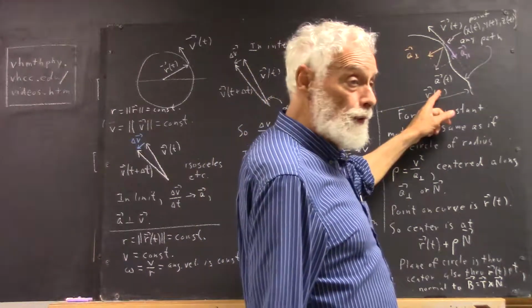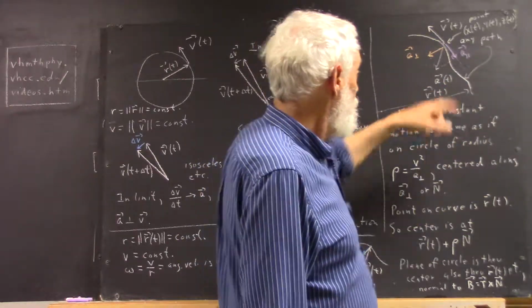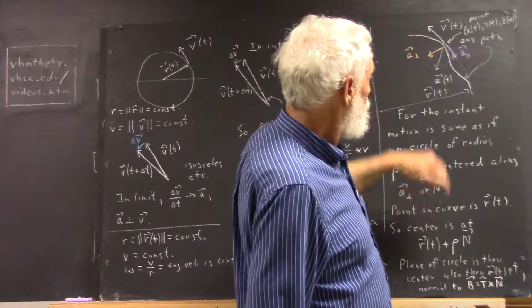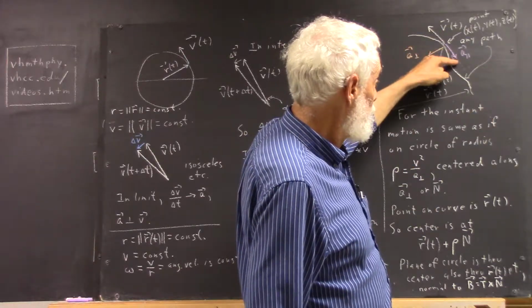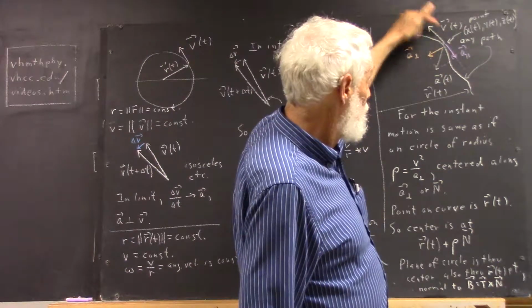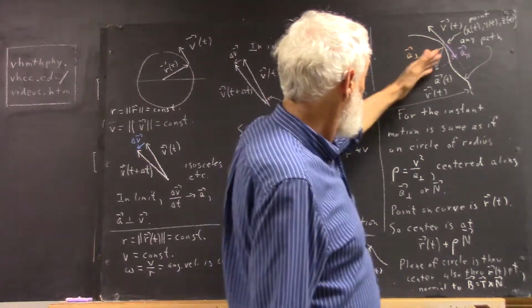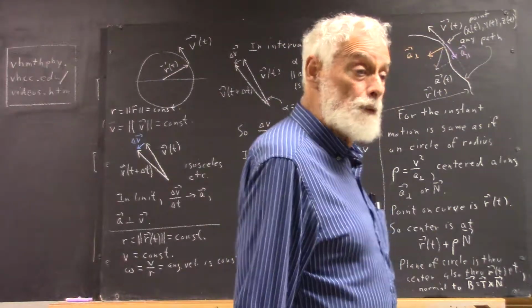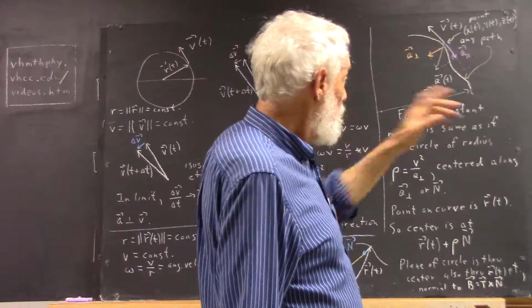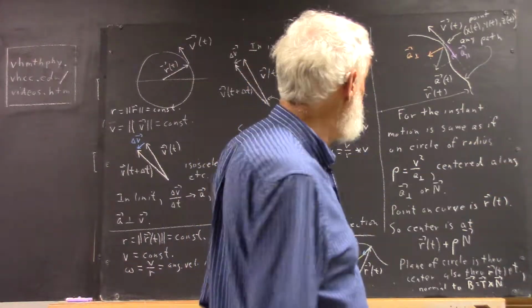The acceleration vector, and we've already seen this, has a component parallel to your velocity. In this case, that would be this component. Now it's parallel, but in the opposite direction, the way I've drawn the acceleration vector here. If the acceleration vector was out here, then the parallel component would be in the direction of the velocity vector. You've also got your unit tangent and unit normal vectors, which we looked at last time.